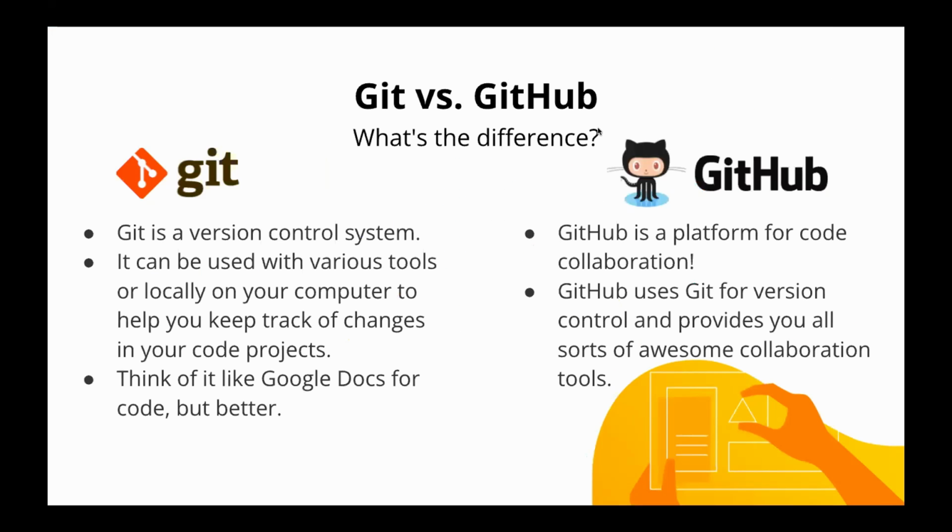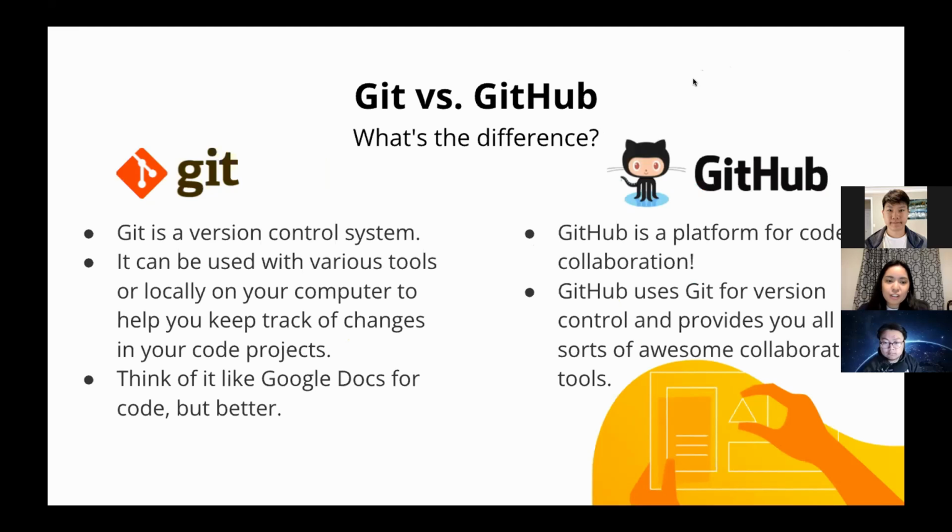So I know I've been talking about Git and GitHub, but what are they and what is the difference between them? So first we have Git. Git is a version control system, and that sounds like a hard word, but it actually just means you're controlling different versions of files.